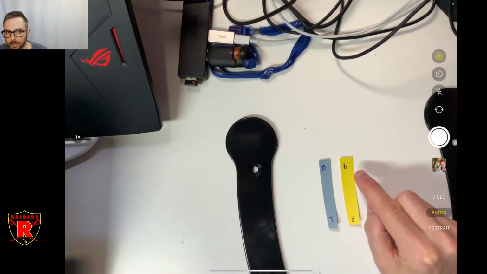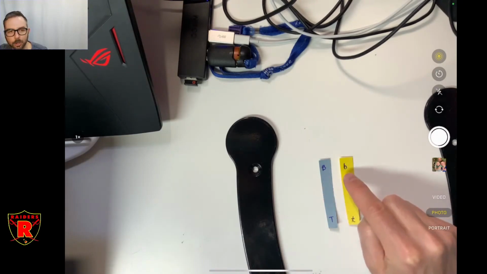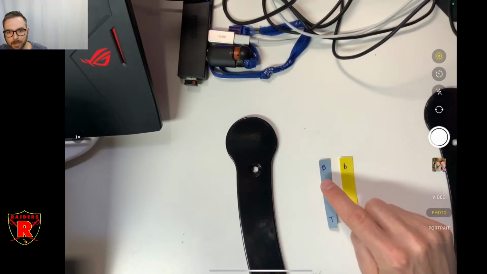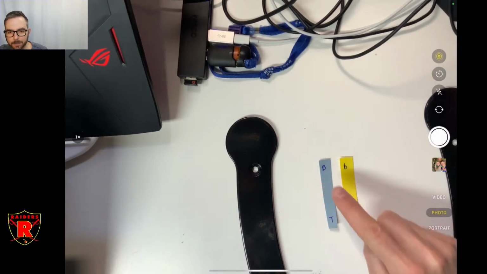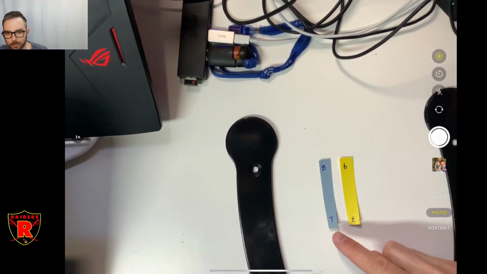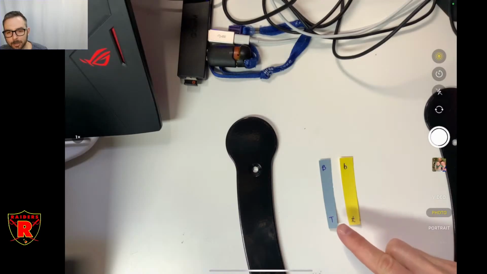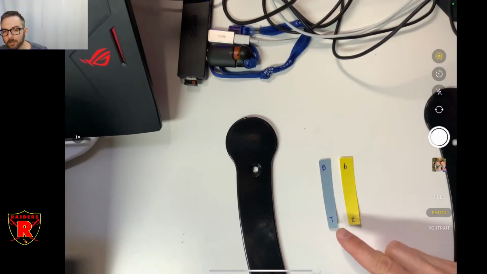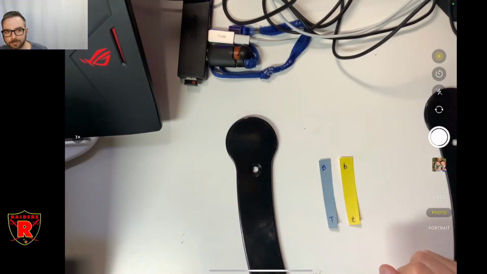Their phenotype for eye color is what they're going to show, the physical manifestation of this genotype, which is brown eye color, because they're going to show the dominant. Same thing is true here. We've got widow's peak and no widow's peak, but they're going to show the dominant. So their genotype would be big T, little t, but their phenotype, what they're going to physically show, is widow's peak.